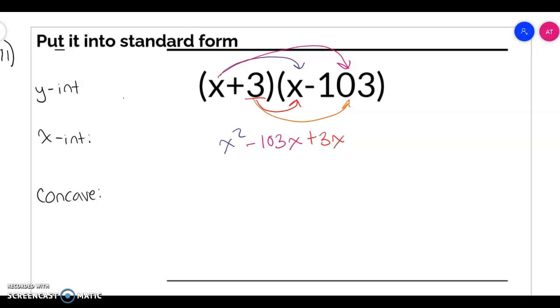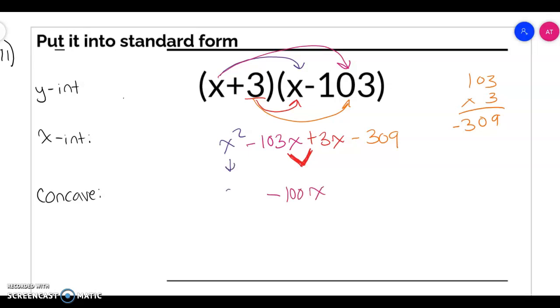And 3 times 103 is actually going to give me 309, or negative 309, because a negative times a positive is negative. So if I combine these two middle terms, if I owe you $103 and I only give you $3, I still owe you $100.